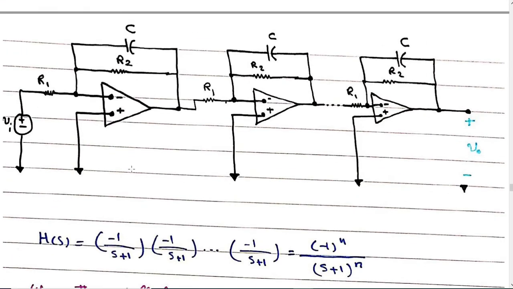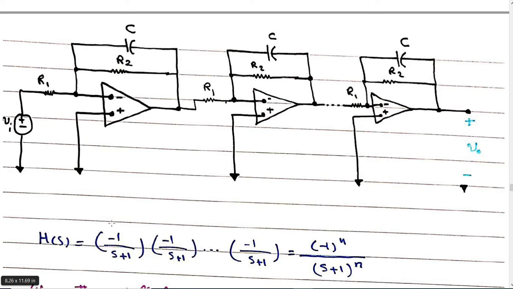What is the transfer function for the first one? If we use unity gain and the cutoff frequency is 1 radian per second, the transfer function for the first one will be minus 1 over s plus 1.